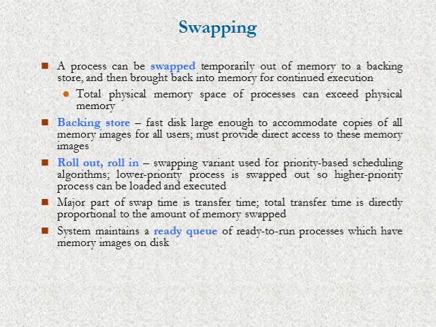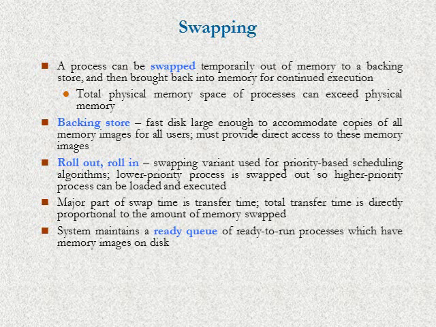However, a major downside of this swapping is the transfer time, as we have to copy some data from the main memory to the backing store, and on its way back when we are loading a process back to the main memory, we again have to copy the data from the backing store to the main memory.